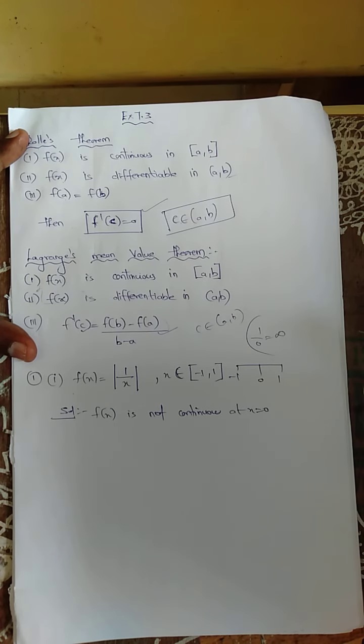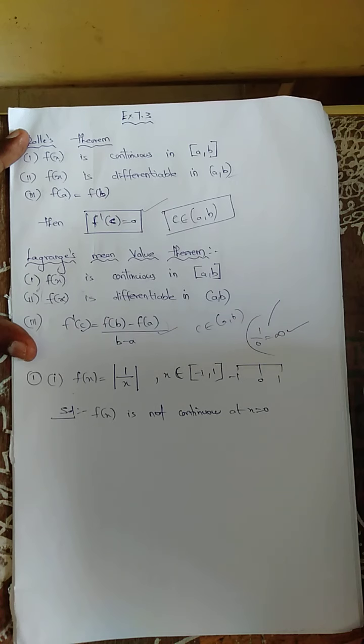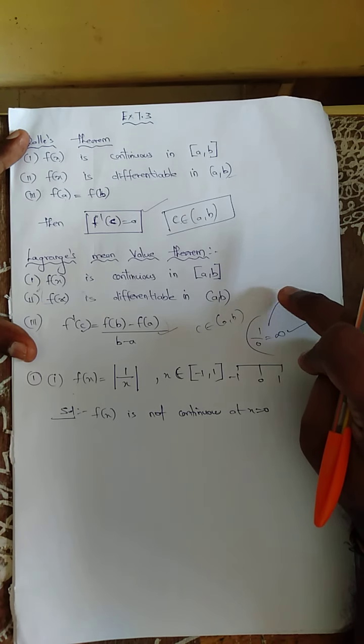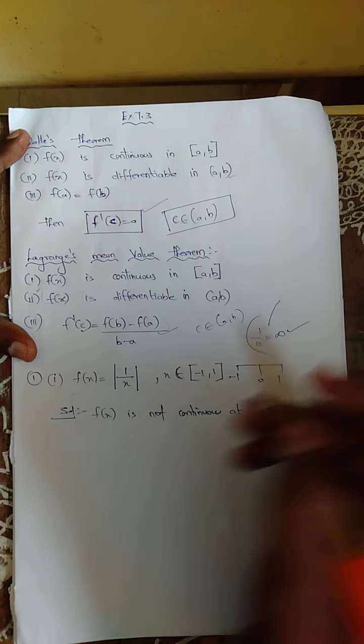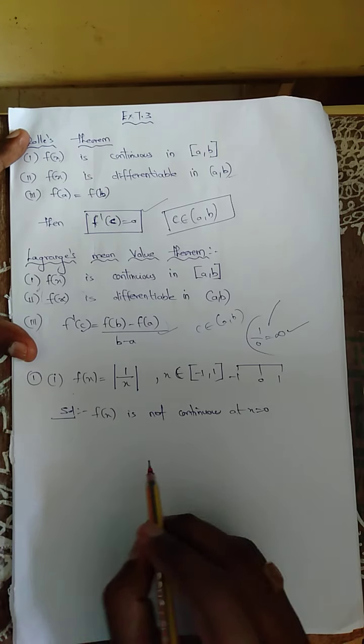If we plot the curve and the point infinity comes, we need to break the curve. We can't continue the curve, because infinity is an undefined value. We can't plot this undefined value in our graph. So at x is equal to 0, f(x) is not continuous. So only Rolle's theorem is not satisfied.